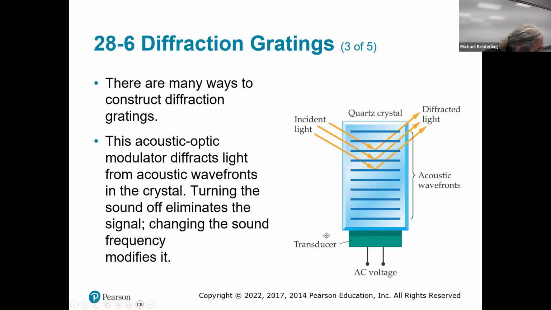More common is a surface with a bunch of lines etched on it, or a thin film with a bunch of lines etched on it. You can see that the diffraction grating breaks the light source up and shows you the spectra around it.